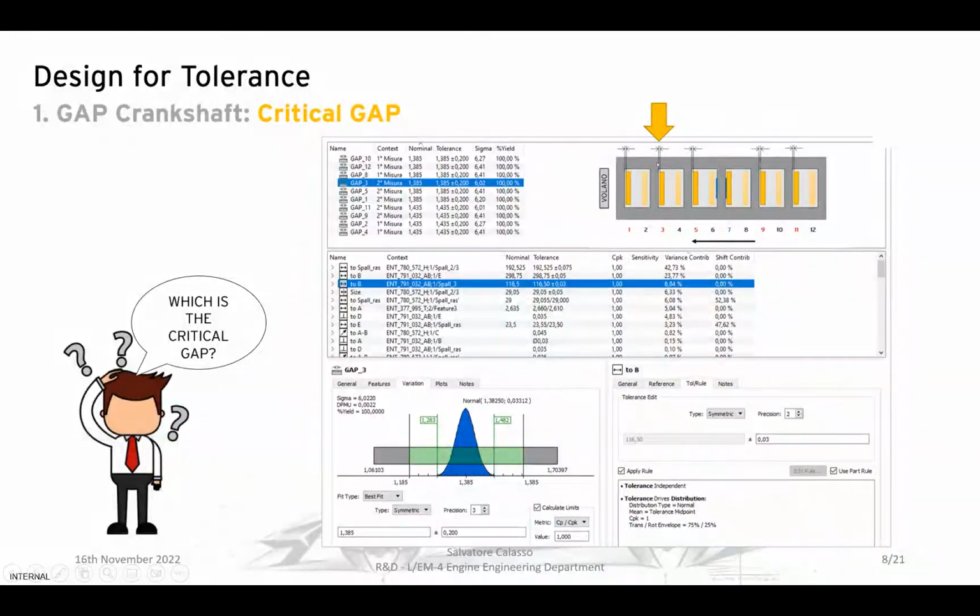Is there a gap that here is more critical than the other? So simply modeling the case due to the CTOL model, we rapidly understand that, for example, the shoulder related to the third crank shoulder was the critical one.